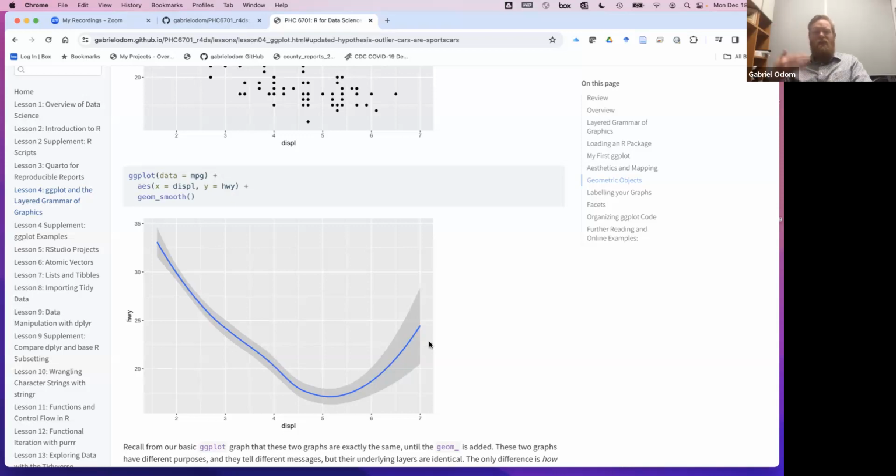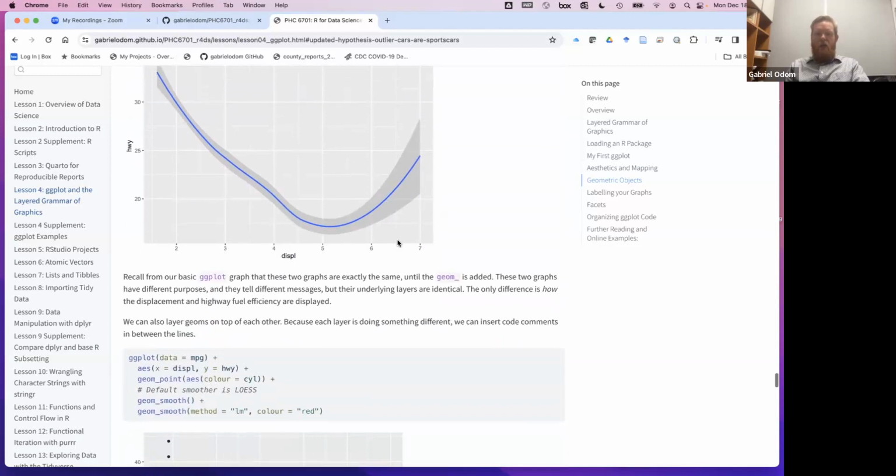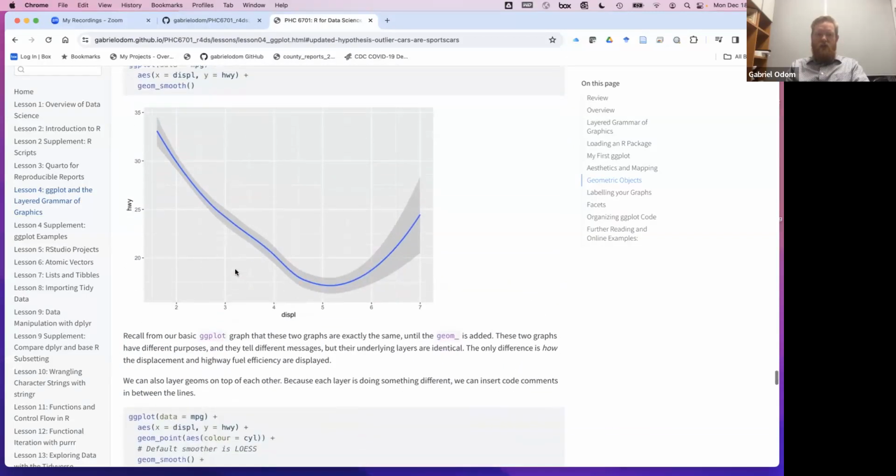And in terms of physics and understanding the data, domain knowledge is very important to have. We know that this is probably a spurious relationship in the data. And it's almost entirely driven by these 6 points up here that are way higher in fuel economy than they should be, given how large the engines are. And so this is with geom smooth.